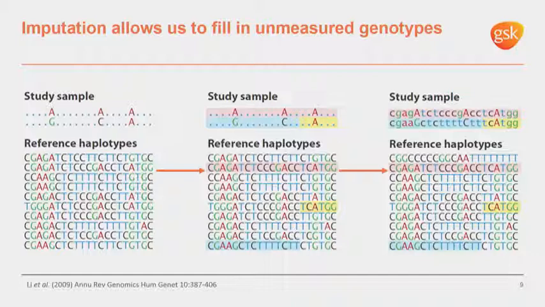Coming back to this idea of genotyping versus sequencing, this slide summarizes the concept of genotype imputation. Even though with a genotyping array you may only have 500,000 genotypes, we're able to use large and growing numbers of haplotype references that are out there to resolve those. Because of the correlated structure within the genome, referred to as linkage disequilibrium, we can break the genome down into haplotypes, haplotype groups.